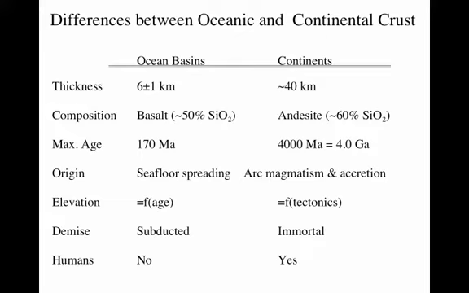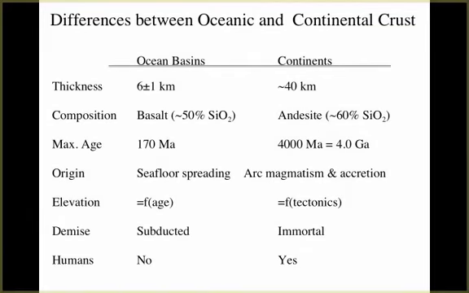Now, if we consider differences between the oceanic crust and continental crust, oceanic crust is quite a bit thinner than continental crust on average. It is basaltic, so less silica rich compared to an andesitic continental crust. Oceanic crust is never going to be more than 170 million years old because ultimately it's subducted, and that's the end of that.